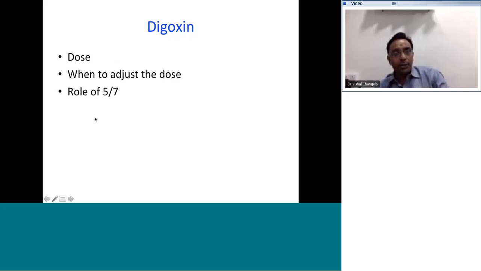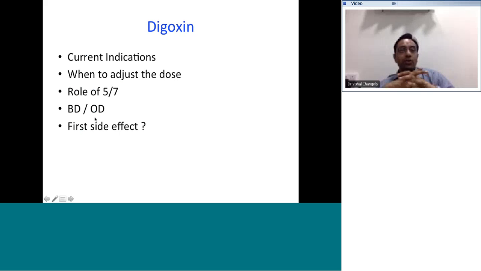And when do we adjust the dose? When do we adjust the dose of digoxin? I mean to say, when do we reduce the dose of digoxin? Usual dose we have discussed, 10 microgram per kilogram per day. But when do we reduce the dose?